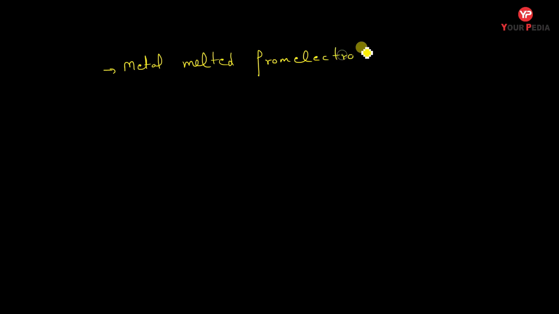So how can we calculate? The answer is, it is simply the area of the electrode into the feed rate of the electrode. What are the units of this? Area has units of mm square and feed rate has mm per second, so the final units of this quantity are mm cube per second. So this much metal is melted per second from the electrode.